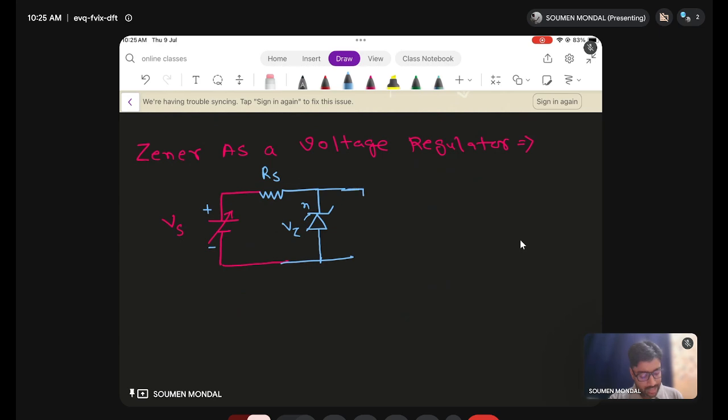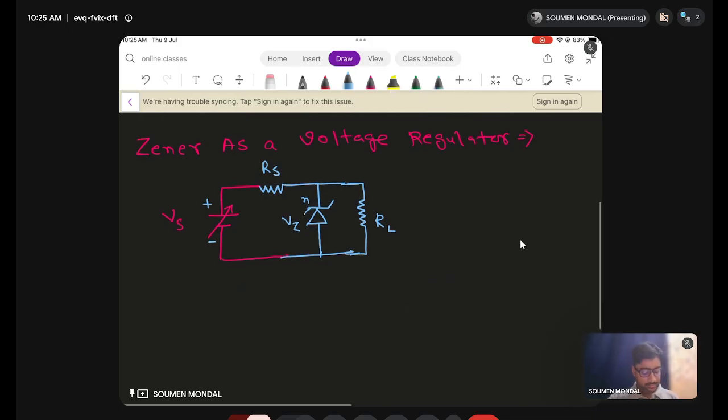Now it is our RL. This load RL can be a battery which you want to charge. It can be some LED, etc. Some load is there. Now current is coming from the source.